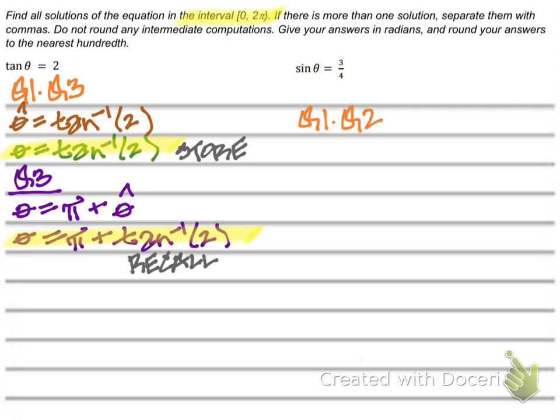So if I were to just do the inverse sine of 3/4, it's going to give me quadrant 1. So we know that in quadrant 1, theta equals theta hat. So theta is the inverse sine of 3/4.